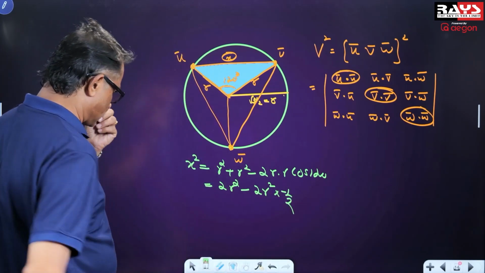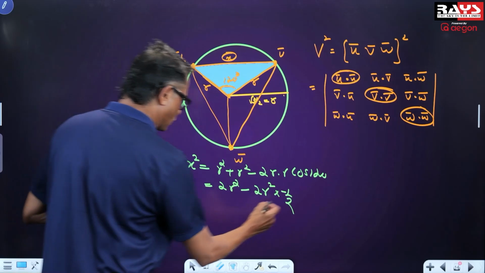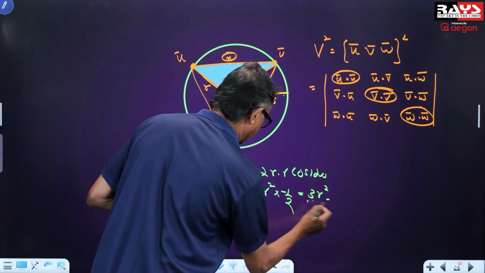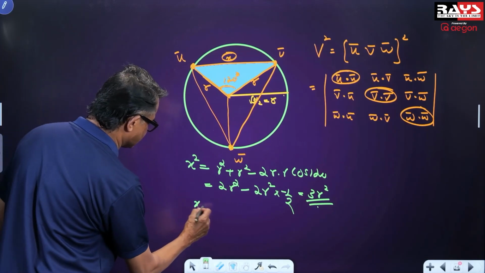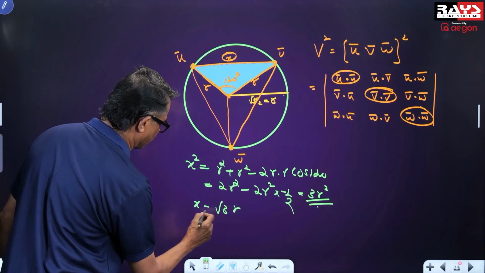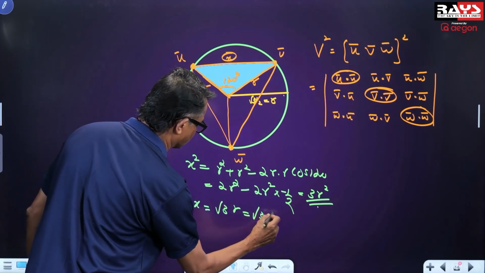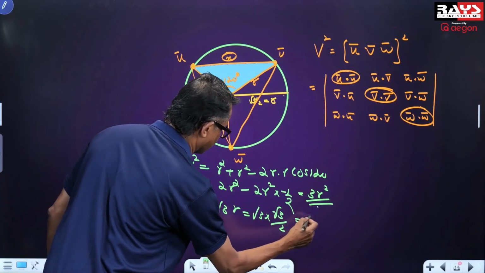So the 2 and 2 cancel, minus plus becomes plus, 2r square plus r square is 3r square. So x square is equal to 3r square, therefore x is equal to root 3 r. That is root 3 into root 3 by 2, that is 3 by 2.